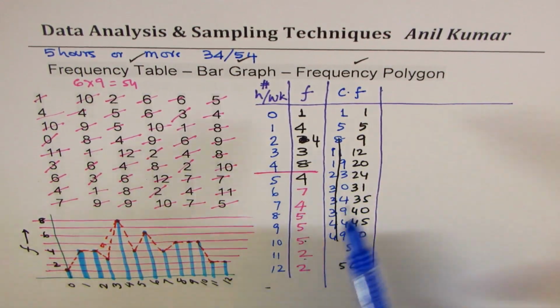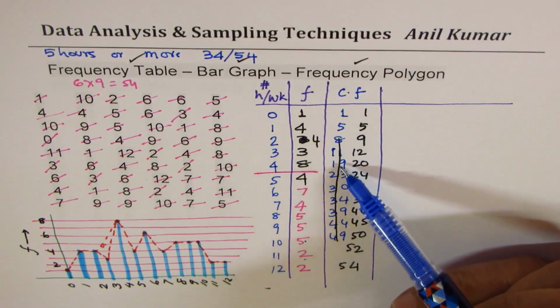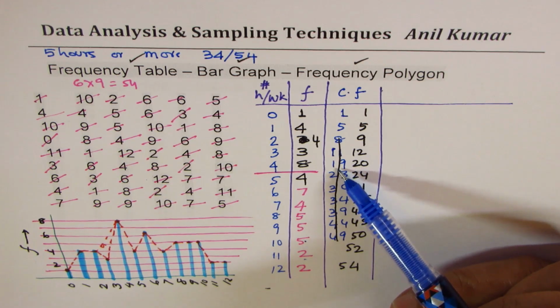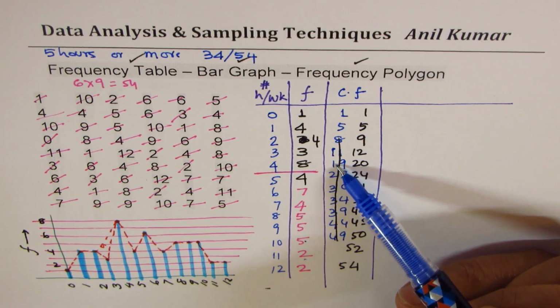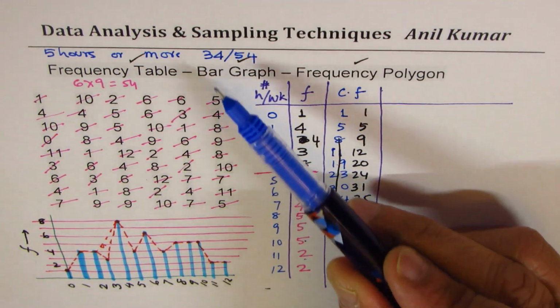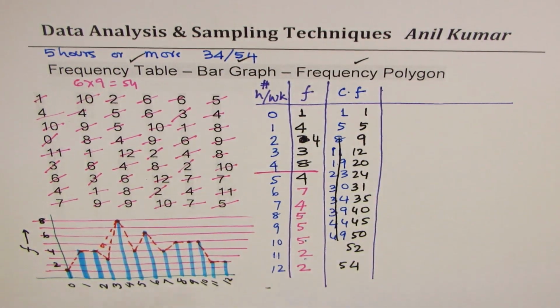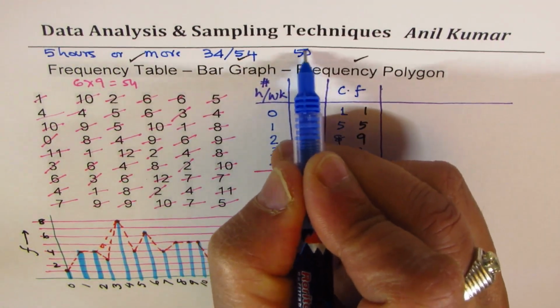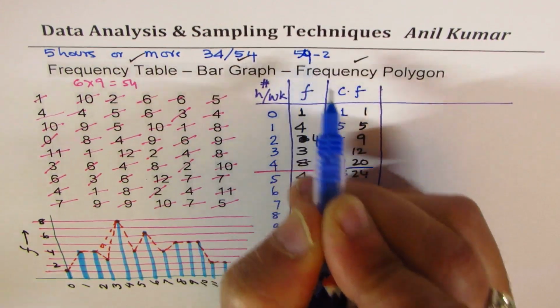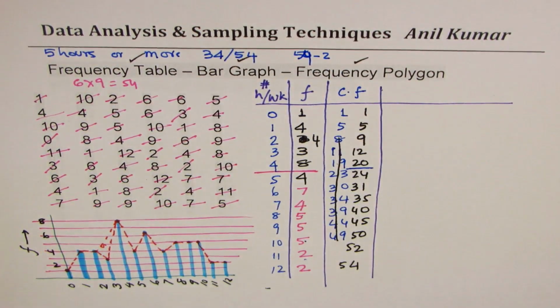You could also do it like this. Since we have this cumulative frequency now, you could take away this number from 54, which will give you 34. So the number is 20, which you have to take away. Let me change this pen.